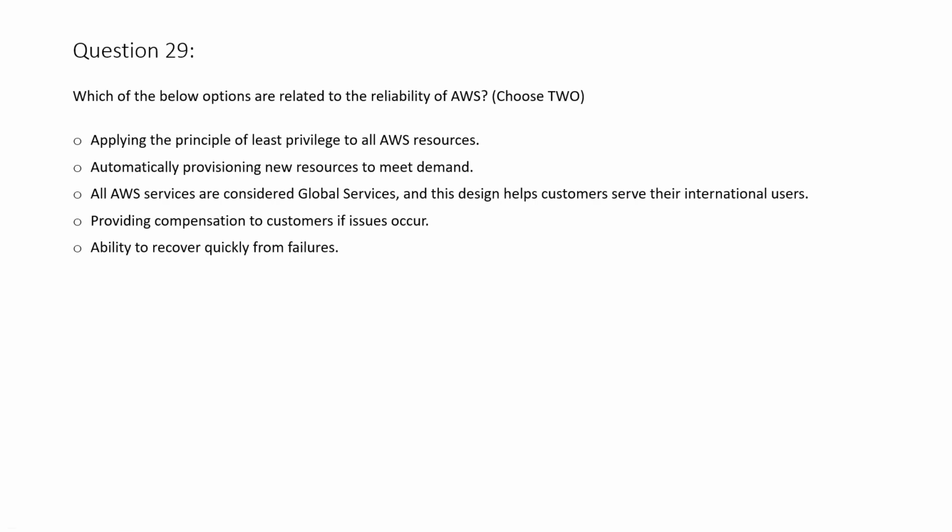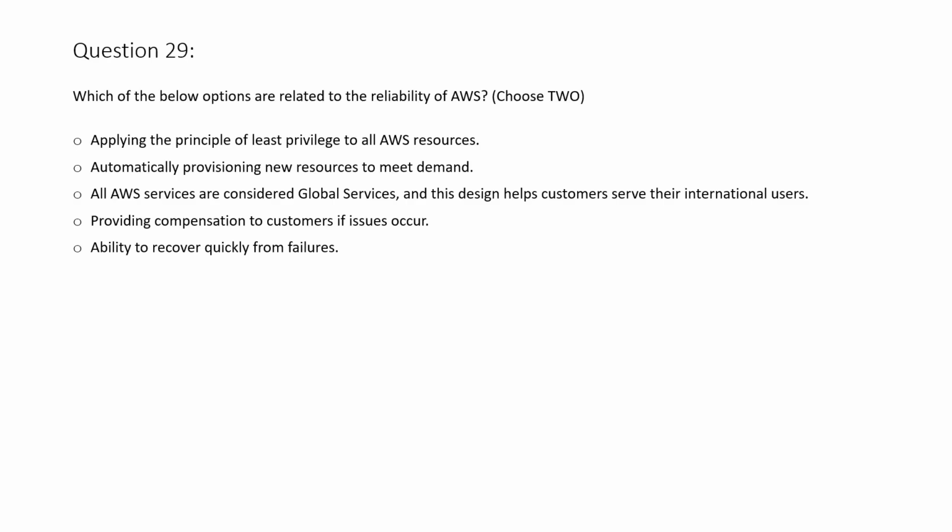Moving into question number 29. Which of the following options are related to the reliability of AWS? We need to choose any two options. Option A, applying the principle of least privilege to all AWS resources. Option B, automatically provisioning new resources to meet the demand. Option C, all AWS services are considered global services and this design helps customers to serve their international users.